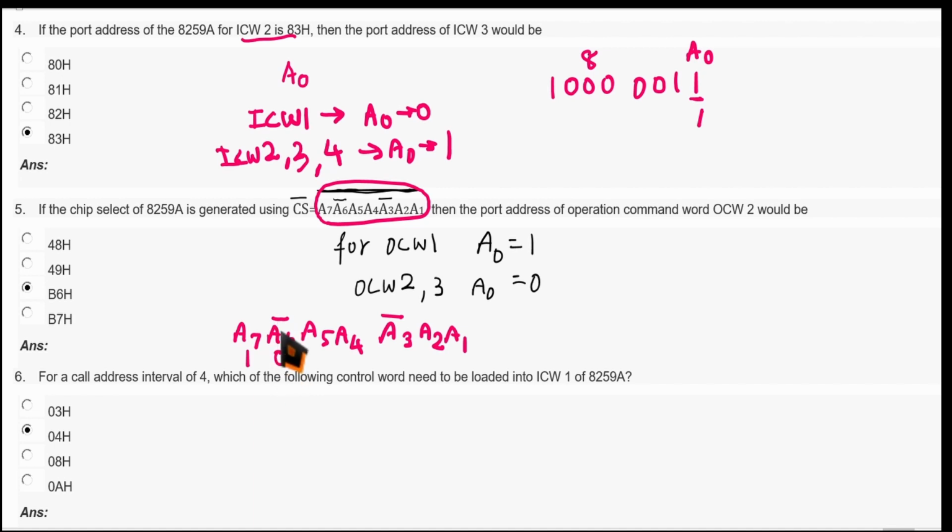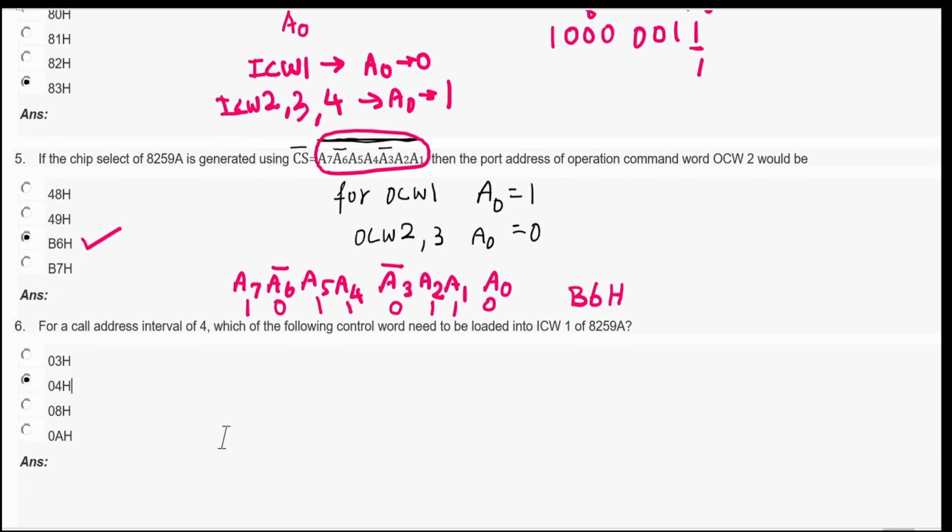So 0 complement is 1. Here 1 as it is 1. For A3, put 0 because it is complemented. So you will get 1. Then A2, 1, A1, 1. Then A0 is 0. So now you have 8 plus 2 plus 1, it is B, and this is 4 plus 2, 6. So B6H. So the correct answer is B6H.